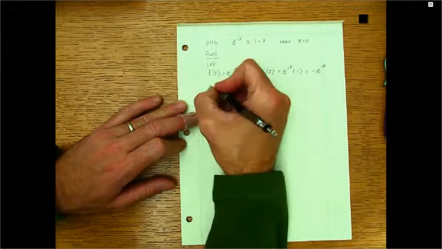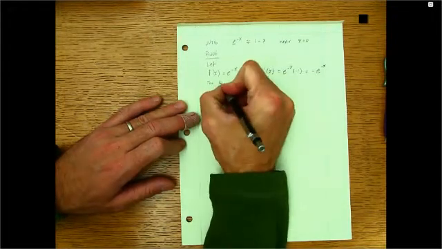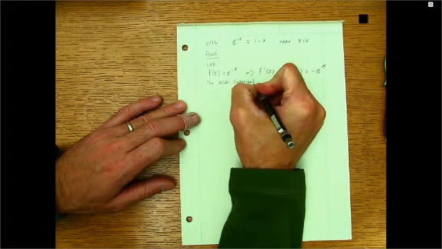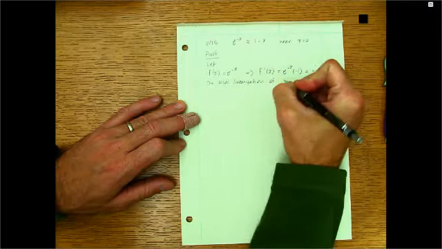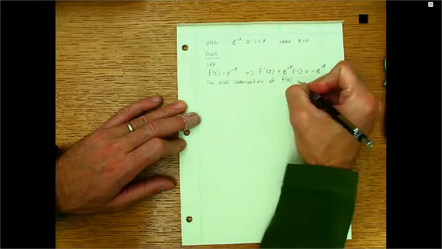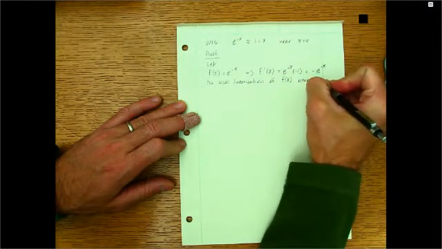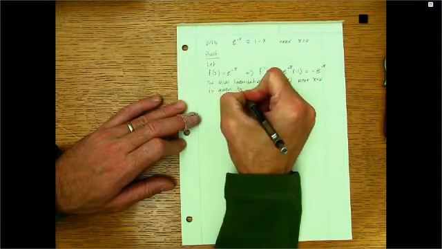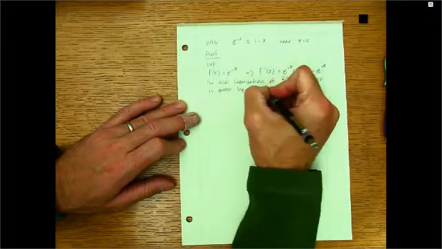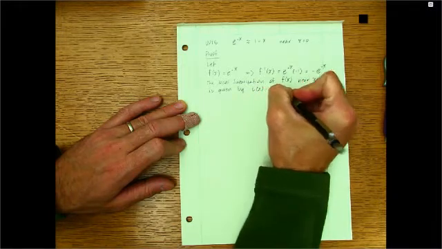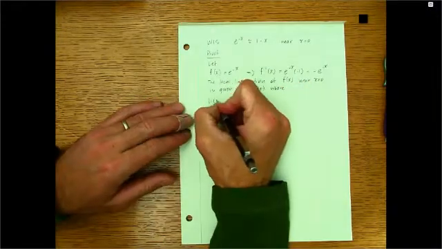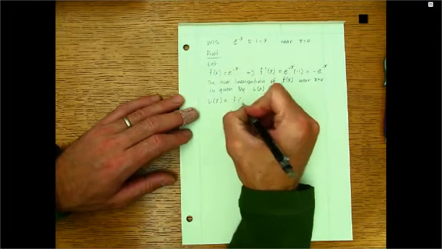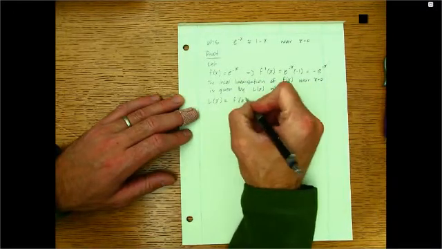We can then state that the local linearization of f of x near x equal to 0 is given by L of x, where, well, what do we know L of x to be? Well, L of x is, by definition, equal to f of a plus f prime of a times x minus a. What's a?